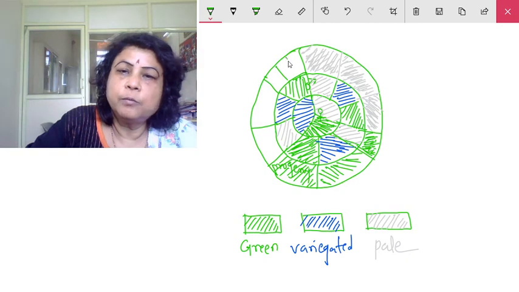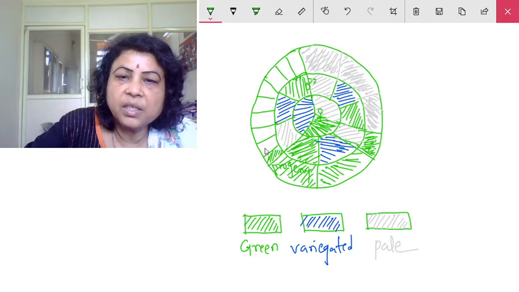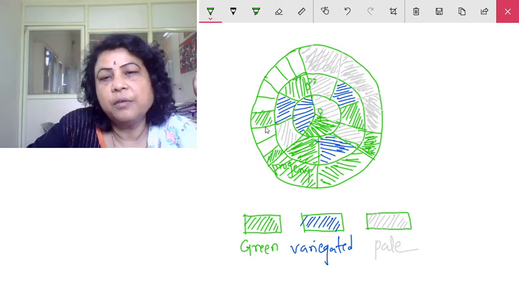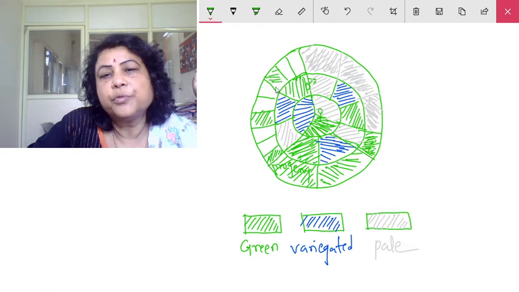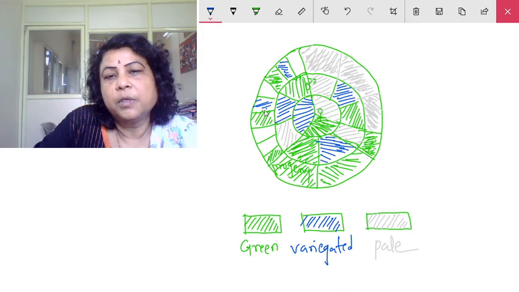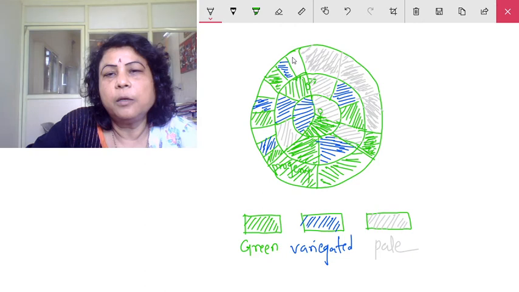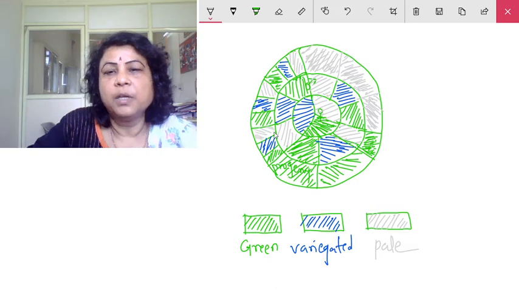That means it produces all three types of progeny: green, variegated, and pale.